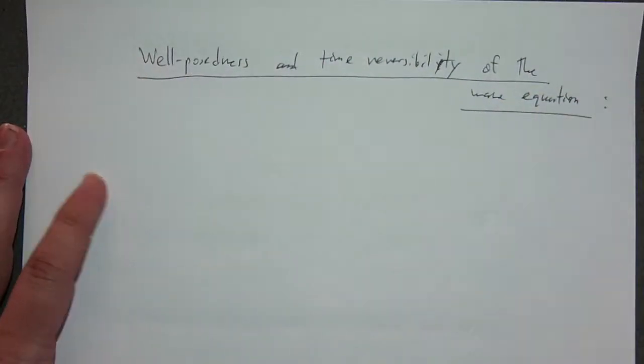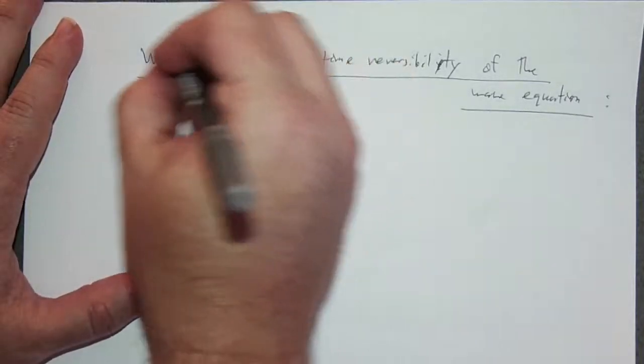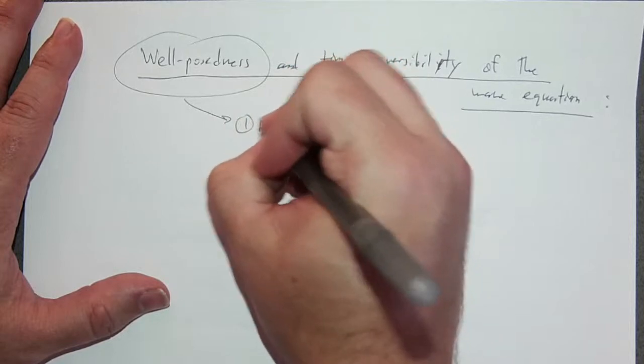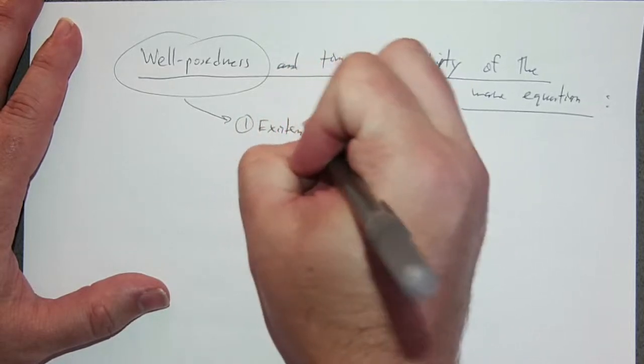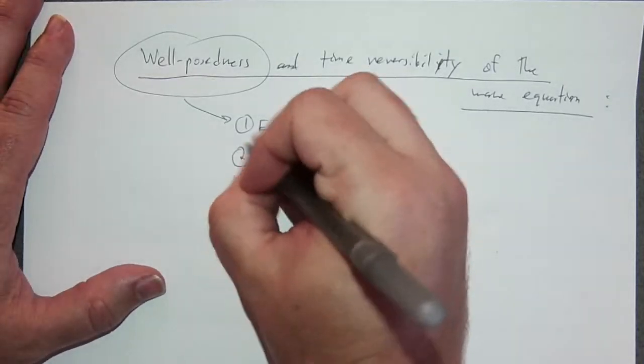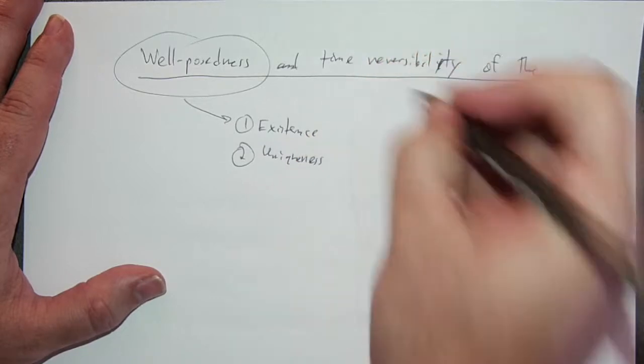Okay. So recall, what does well-posedness mean? So first, existence of solution. We already know that. 2, uniqueness. We've actually proven this in a variety of ways.